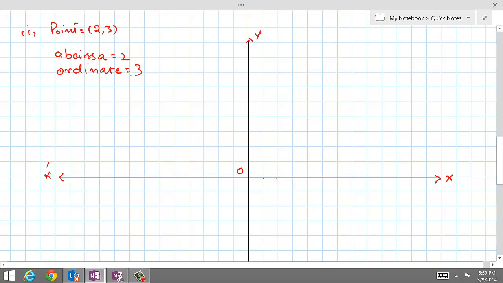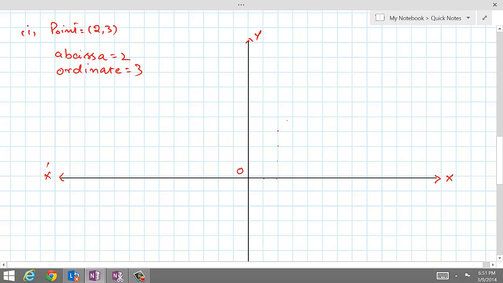So ordinate plus 3 means that move upward by how many units? 3 units. So 1, 2 and 3. That's our destination. We have made the movements required by our abscissa, and we have also made the movements required by the ordinate of the point, and that's where we have ended.